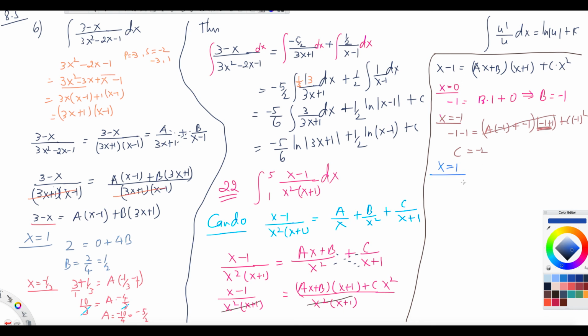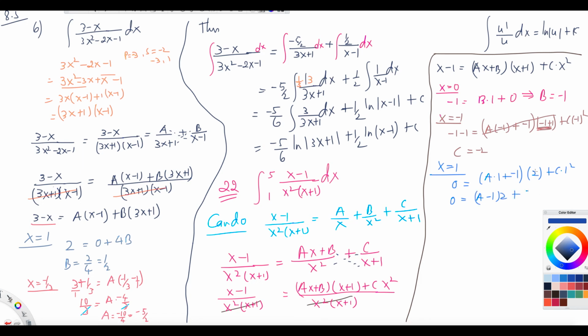What do you get? On the left side you will get 0 equals a times 1 plus, what is your b? Negative 1 times (1 + 1), which is 2, plus c times 1 squared, right? So that will be 0 equals (a - 1) times 2 plus c.